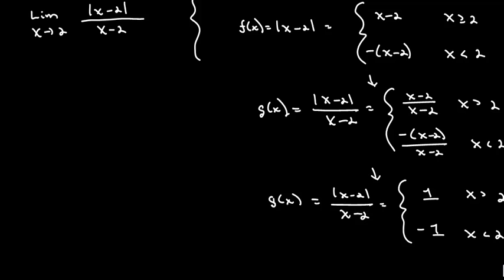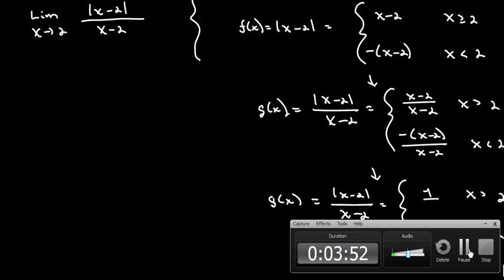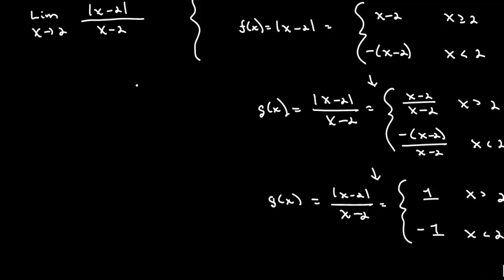So what does the graph of this guy look like? Let me go grab a straight edge. Okay, so let's graph this out. The function takes on values of 1 when we're greater than 2, a height of 1.